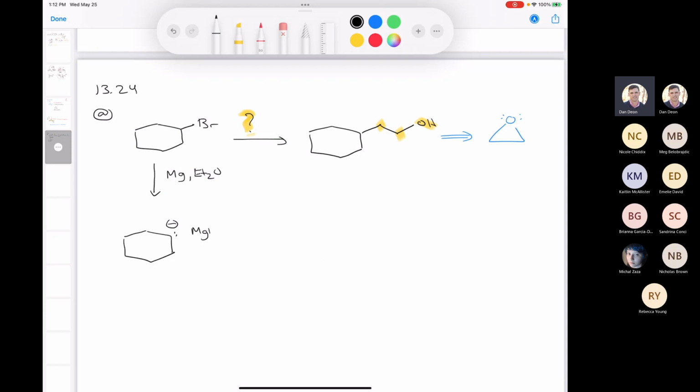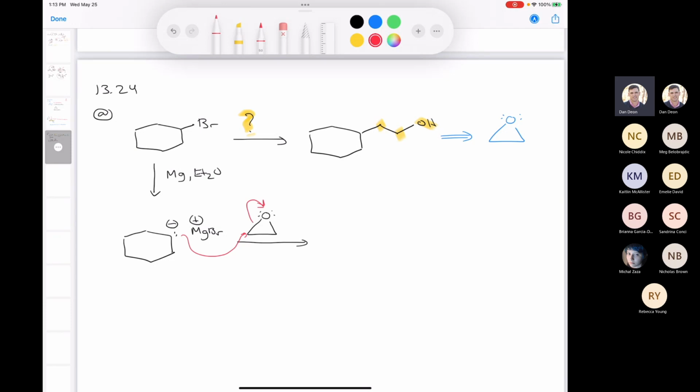I'm going to draw it as a carbanion because that's the way I like to do it. Helps me think of my mechanism. Now, if we're using oxirane, it's a symmetrical molecule, so the nucleophile is only going to attack one place. So we would use our oxirane like this, and our nucleophile is going to attack. There's no regioselectivity to worry about in this case.